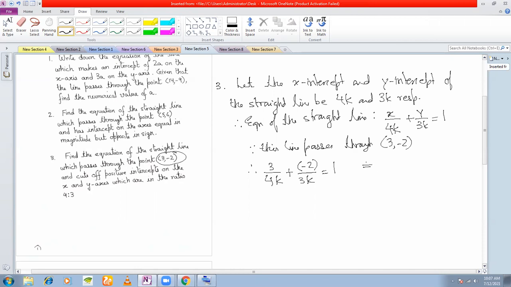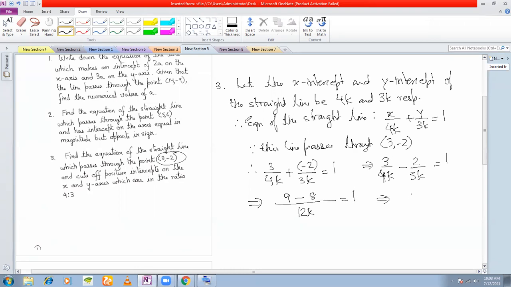That means you get here 3 by 4k minus 2 by 3k is equal to 1. You can take the LCM here. 4k and 3k LCM is 12k. 3 into 3 will give you 9, and 4 into 2 will give you 8, is equal to 1.